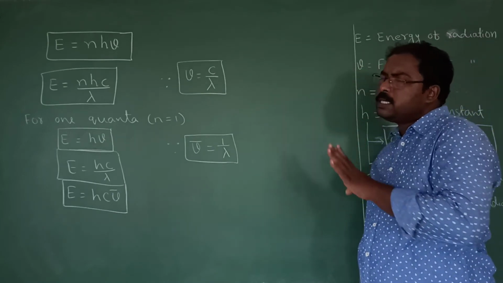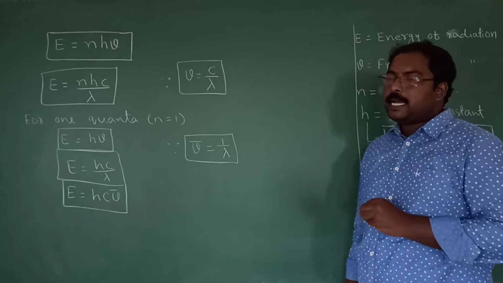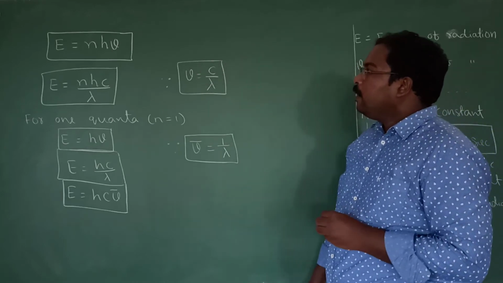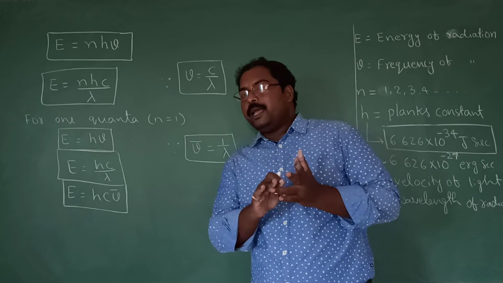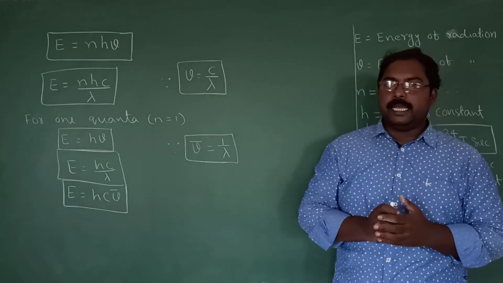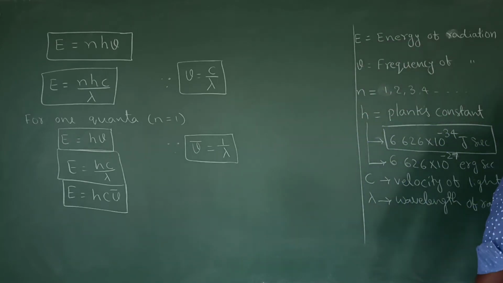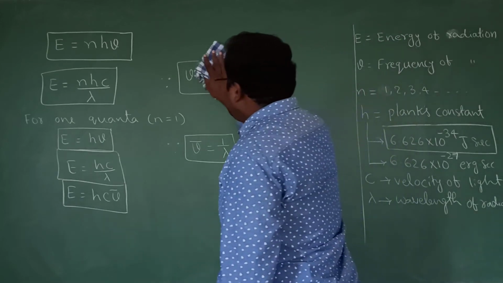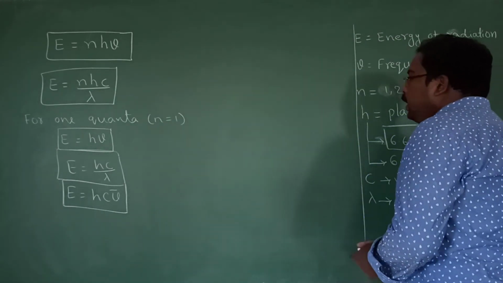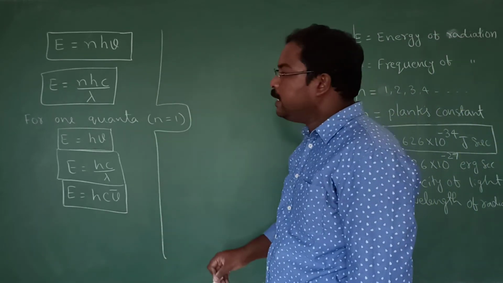Okay? Right? So these are the formulas mainly related to Planck's quantum theory. These are direct questions they are asking. Generally in the KCET exams also, many times they ask simple direct questions based on this formula. Either by giving the frequency or wavelength, generally they ask to find the energy of the radiation. Now regarding these formulas, we need to focus on the relation between energy and the frequency of the radiation.